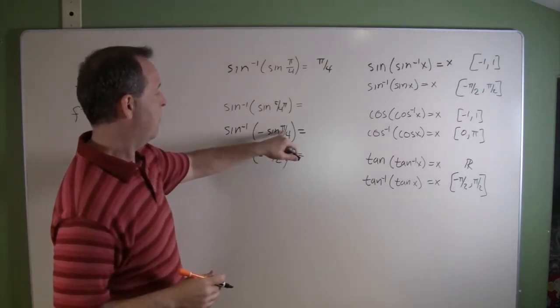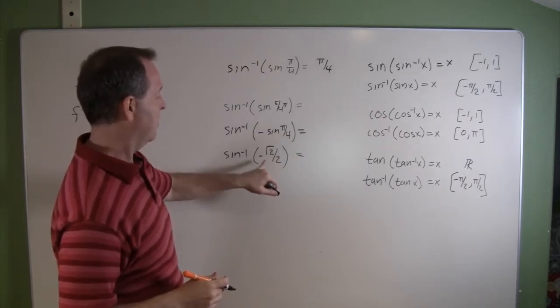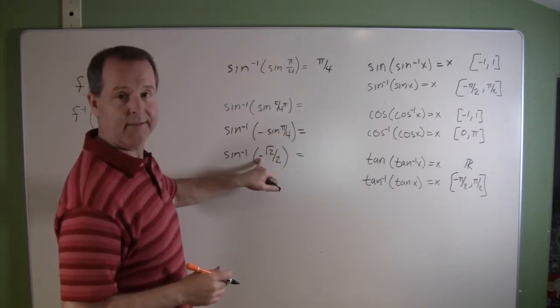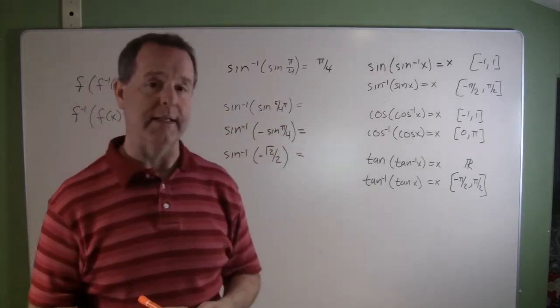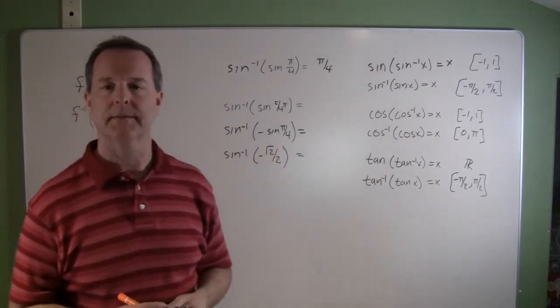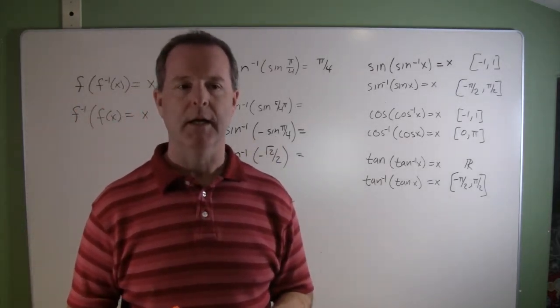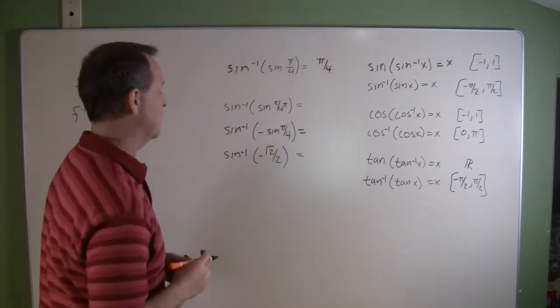So the sine of π/4 was √2 over 2, and since it's in the third quadrant, I need to bring this negative along. So all three of these are equivalent, or produce equivalent sine values, but this one now has the correct value and the correct domain that I can use.